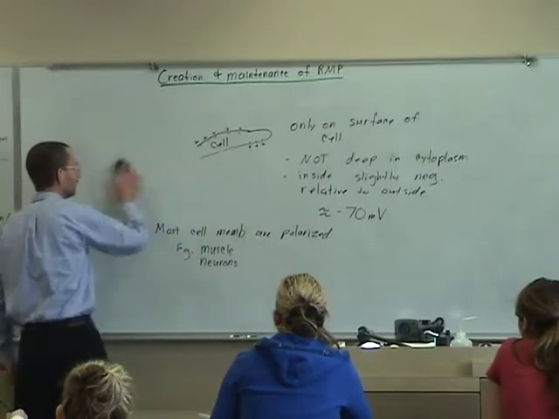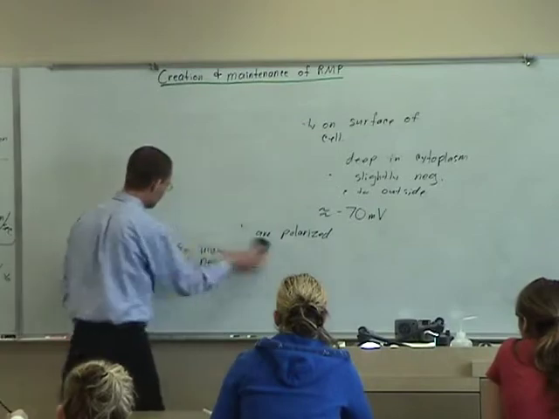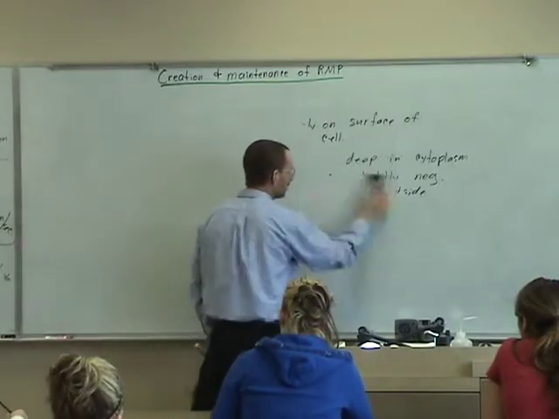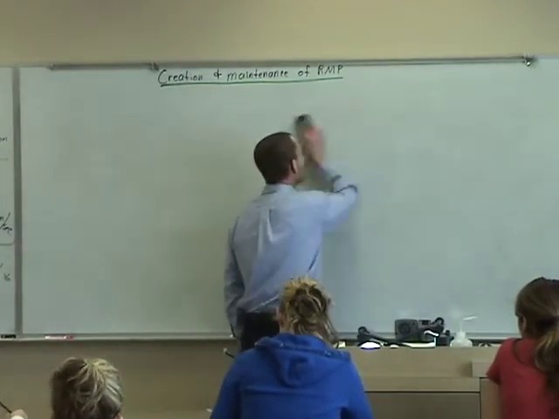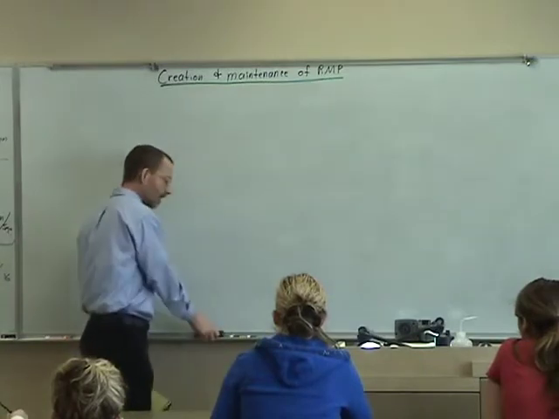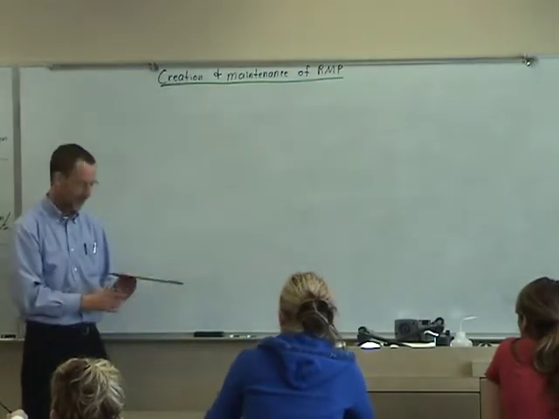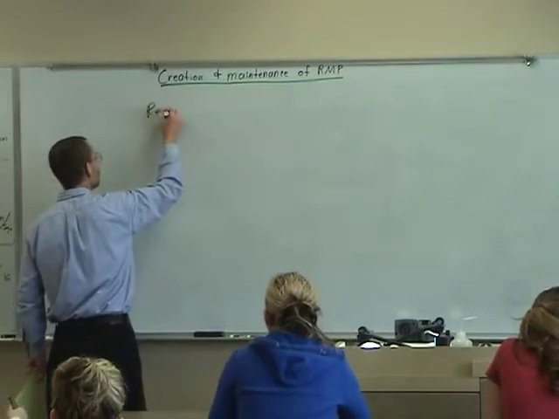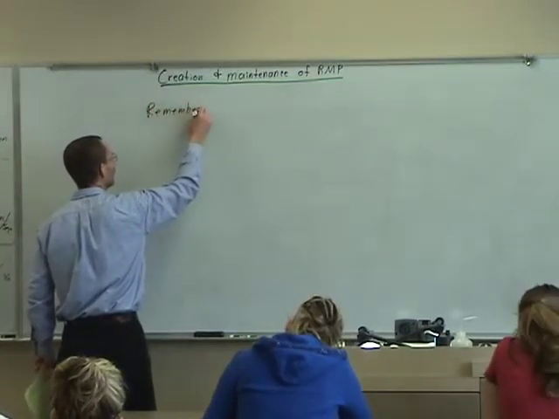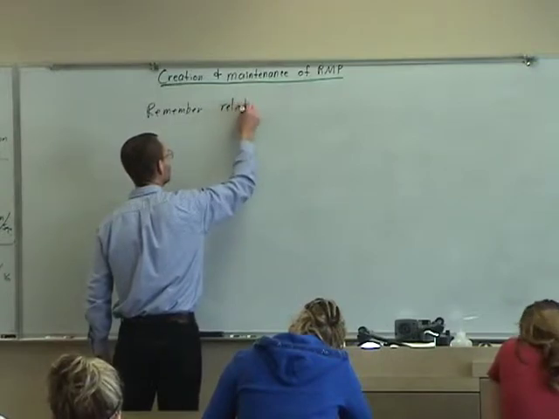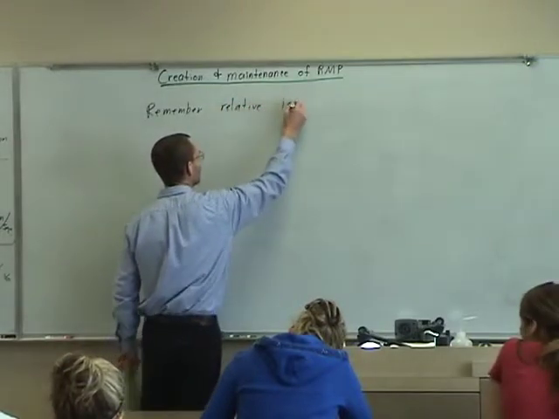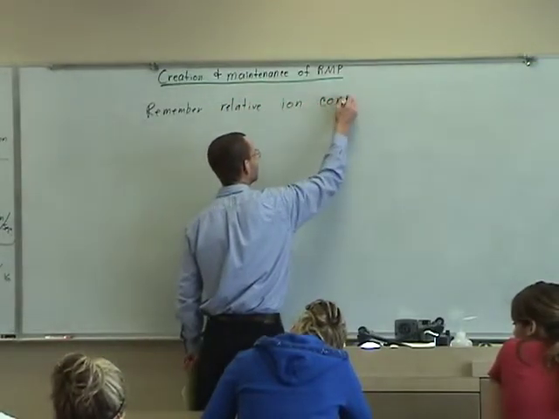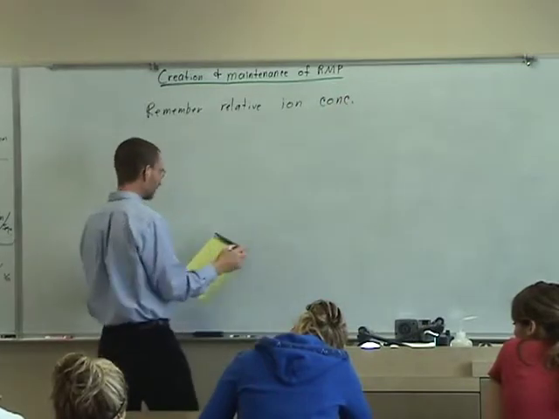The other thing to keep in mind as we go into this story is the relative concentration of ions inside the cell and outside. So remember relative ion concentrations inside the cell and outside.